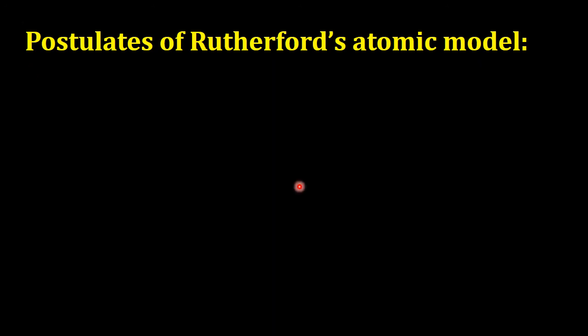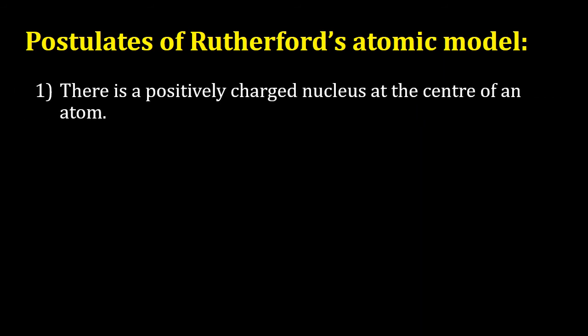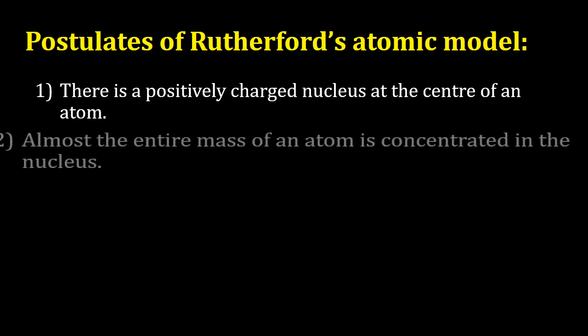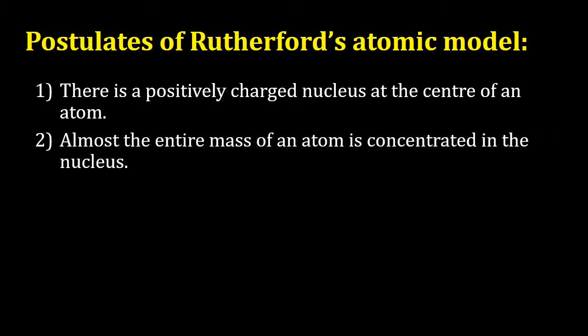Now, after studying the scattering experiment by Rutherford, let us see the postulates of Rutherford's atomic model. First one, there is a positively charged nucleus at the center of an atom. Almost the entire mass of an atom is concentrated in the nucleus.